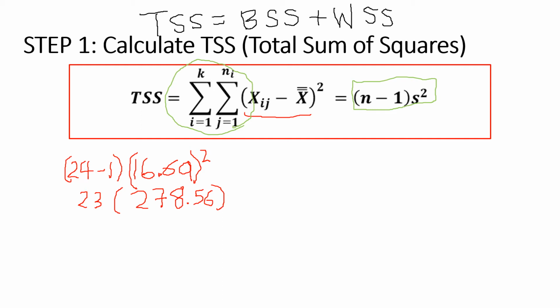So then I multiply 23 times 270, times, hold on. Actually, let's go back and use the full number it gave me.